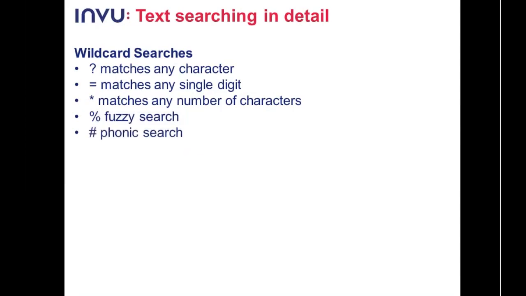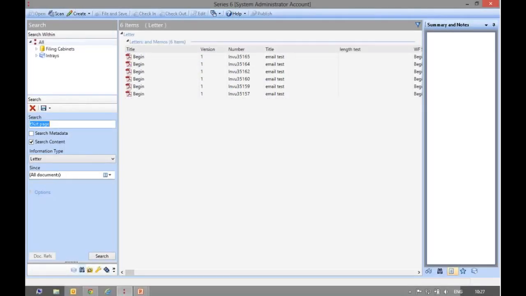The next one that was on the phonic search. This one's a bit weird, but people use it, and people do find an overall use for it. It basically allows you to look for words that sound like the word you're searching for, and it begins with the same letter. So a common example is the word Smith.